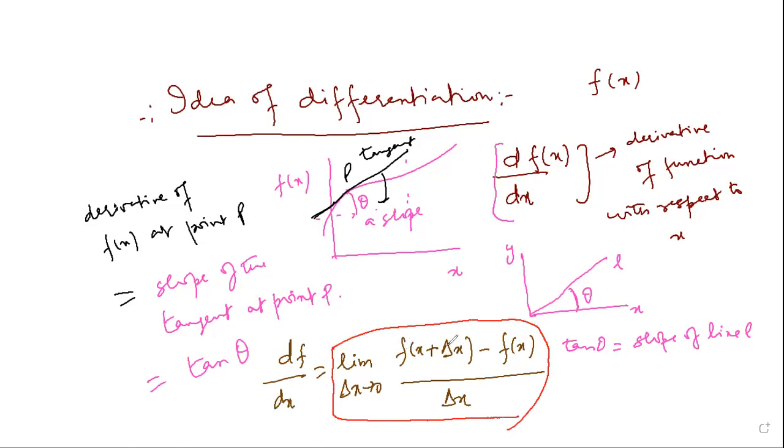Value of this limit is the derivative of the function with respect to x, and geometrically this limit is the slope of the tangent at point P, which is tan theta. This is the idea of differentiation.